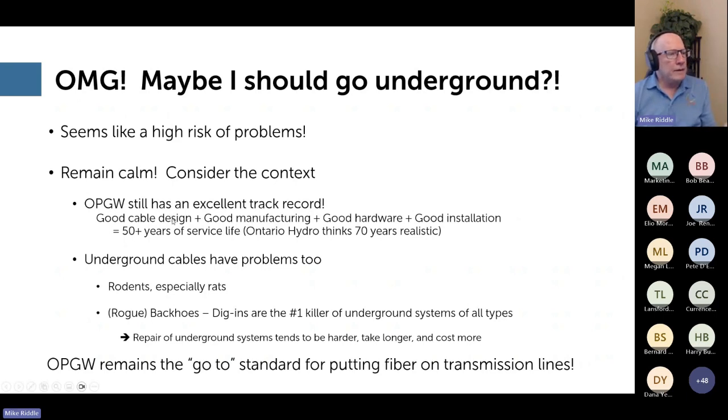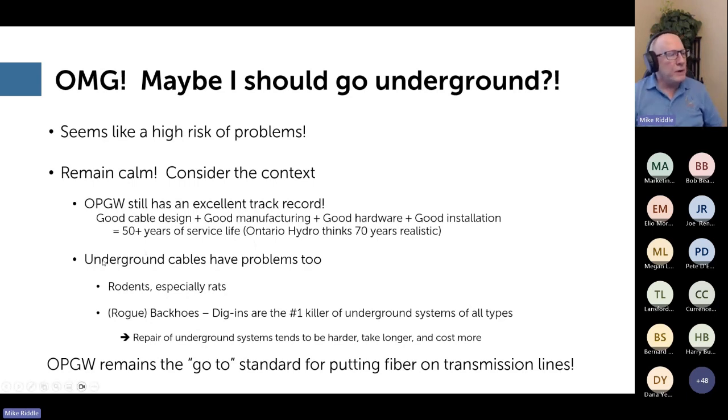Good cable design made with a good manufacturing process, you're using good hardware to hold it up, and you're following proper installation practice. You can easily plan on 50 plus years of service life from your cable if you've got all of these factors working for you. And Ontario Hydro specifically thinks that they can get 70 years, and that's realistic. Not a guarantee, but it's an expected life.